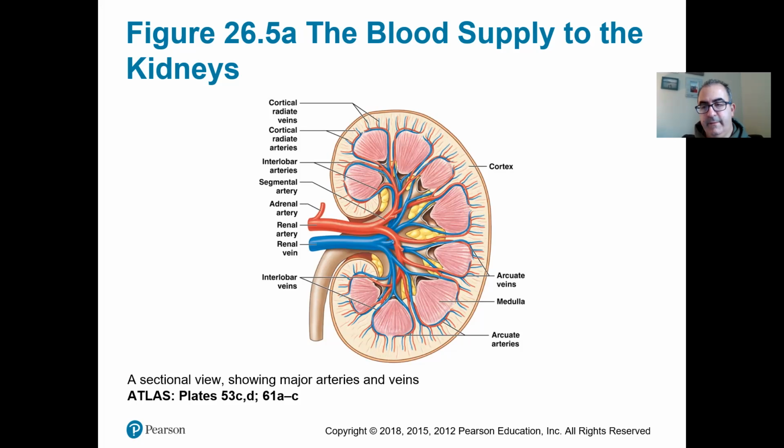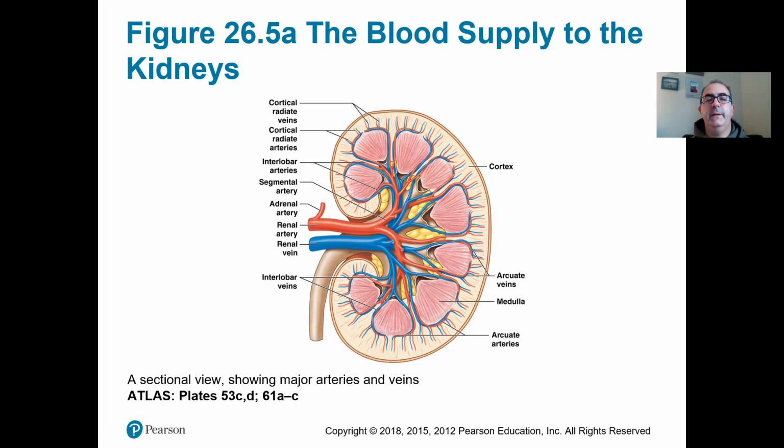The clean blood then has to go out. So again, coming in, you have renal artery, segmental artery, interlobar artery, arcuate artery, cortical radiate artery. Then filtration is going to happen. Up until that point, it's unfiltered, it's just one blood. Then filtration happens and it separates it into blood and waste.